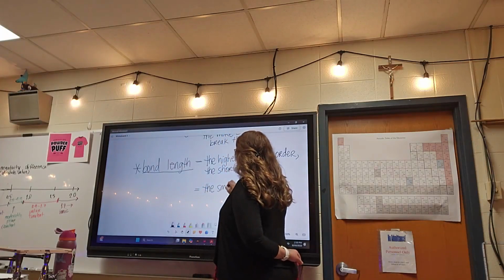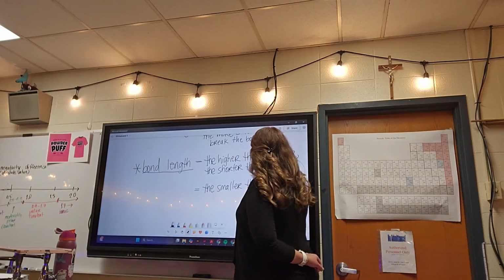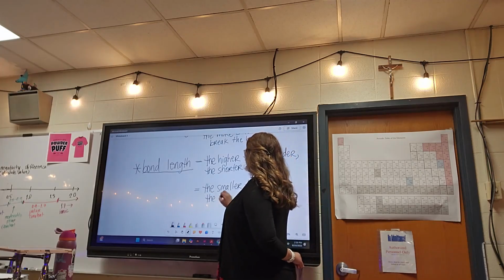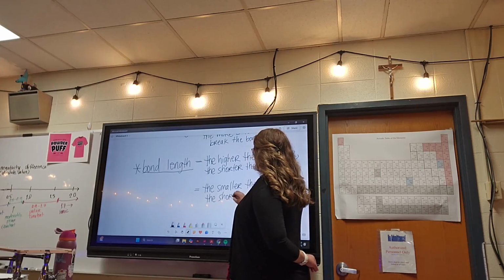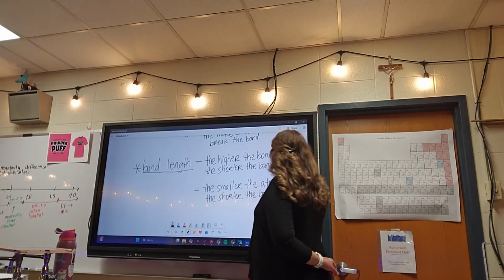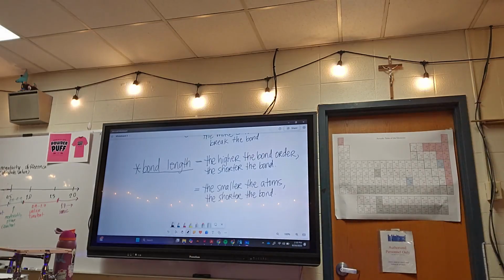The smaller the atoms, the shorter the bond. And that makes sense because if your atoms aren't taking up very much space, their electron clouds aren't either. And so that means that the electrons that are being shared in the cloud aren't overlapping as much, like there's a smaller space in between those.